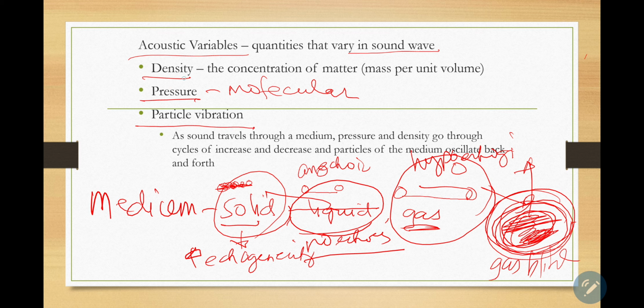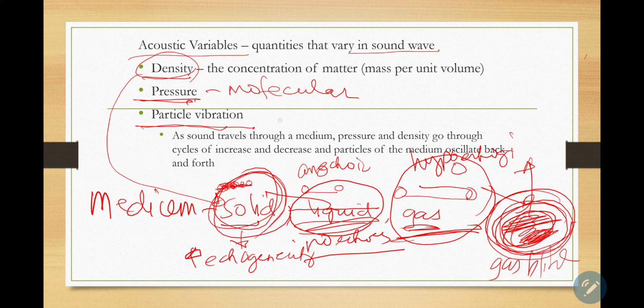So when we talk of the density, of course, relating it to solid, denser ang solid medium natin kaysa sa liquid and gas. Sa pressure, I also mentioned about rarefaction and compression. So this one usually is dictated by how closer and how solid the foundation of the molecules that are present in the organ of interest.